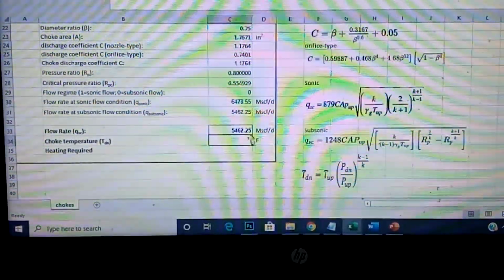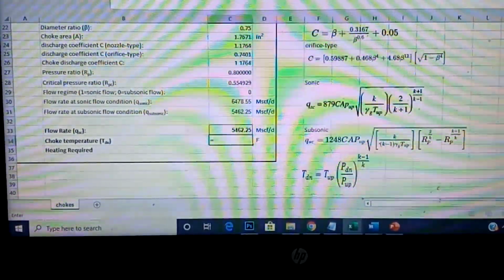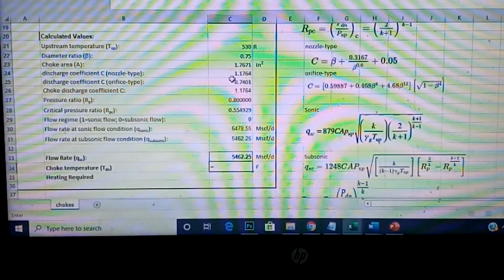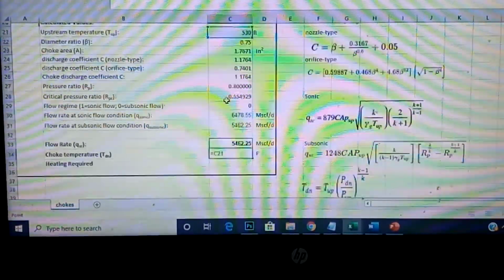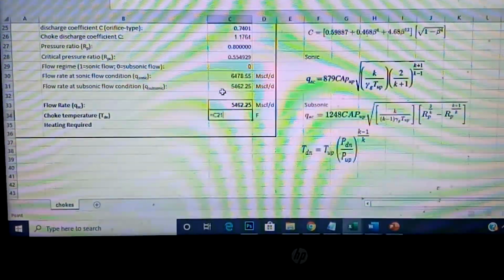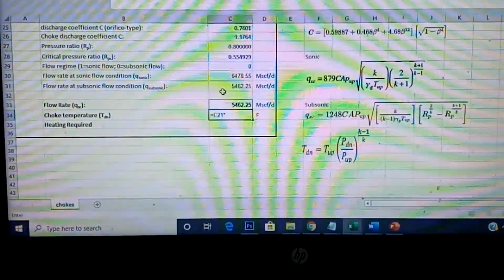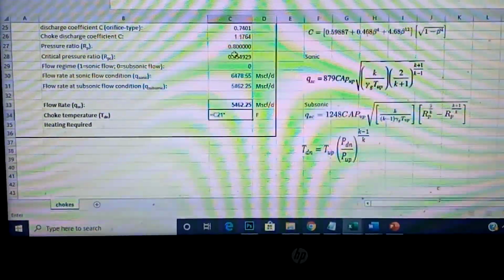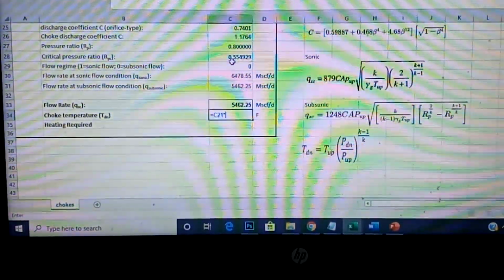I'm going to do equals upstream temperature, which is this, C21, multiplied by, then I'm going to put a function to choose one of these two, either C27 or C28. So what is the function?